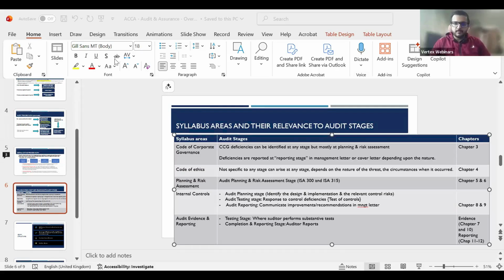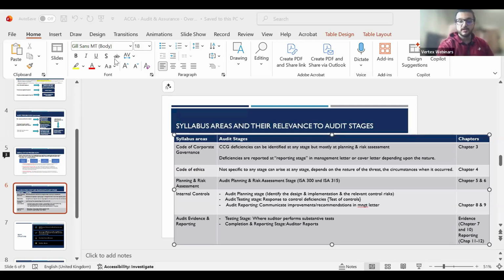Hello, everyone, I'm back. So where were we? We were at internal controls. Internal controls are relevant to three different stages. Audit planning stage: what's the relevance between this syllabus area and the audit planning stage? You are supposed to identify the design and implementation, and you need to understand the controls associated with the company.